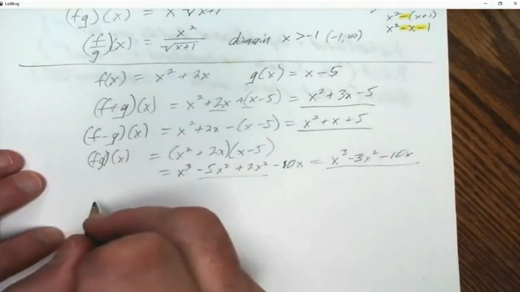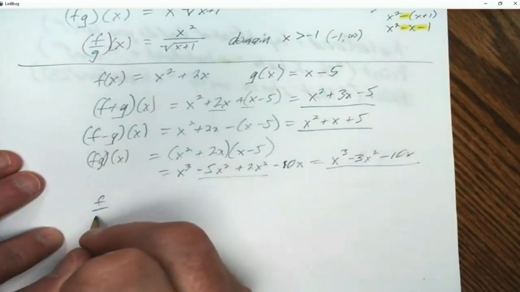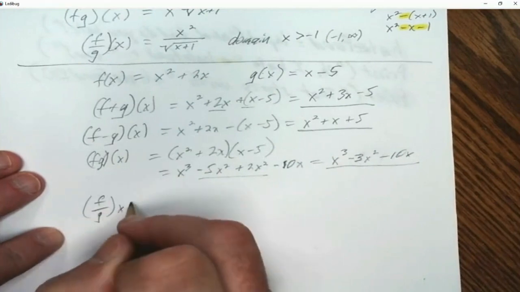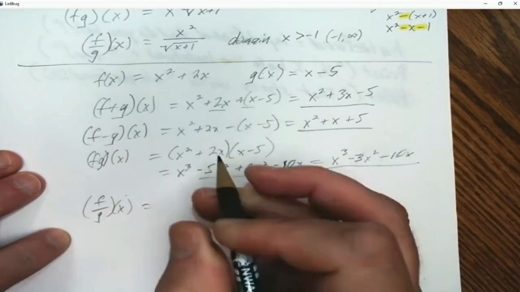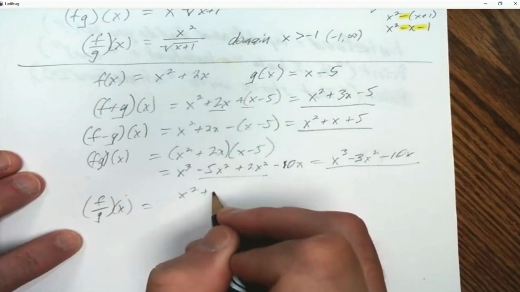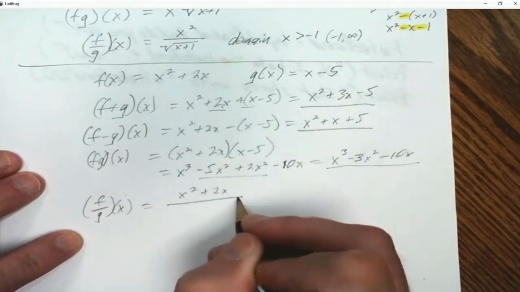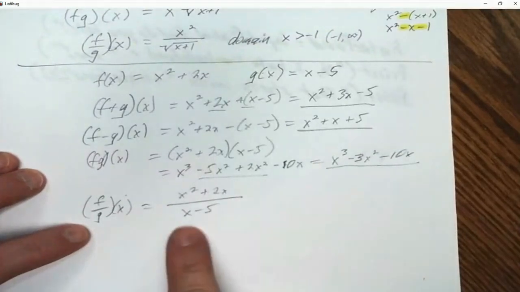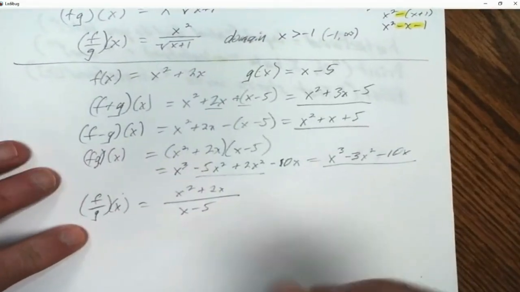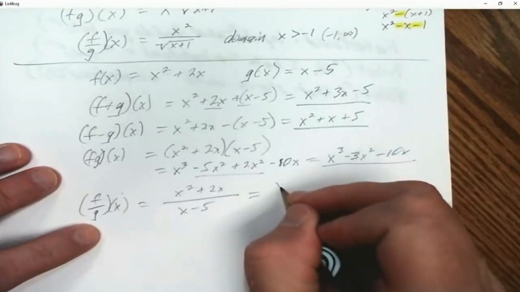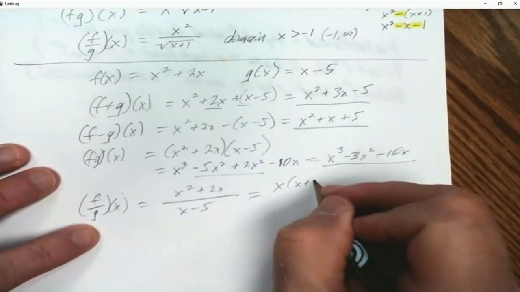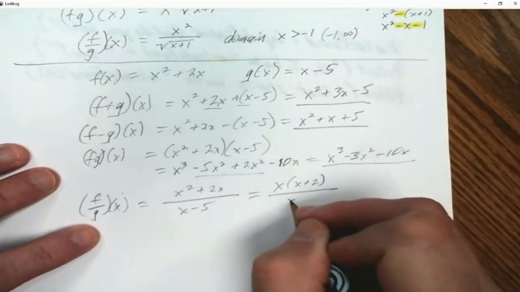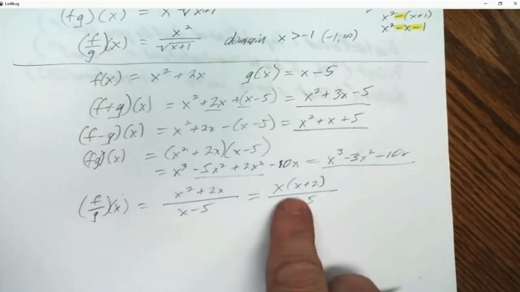And then dividing them, f over g of x is x squared plus 2x divided by x minus 5. We can't really simplify that. This is the same thing as x times x plus 2 over x minus 5, but still that doesn't simplify.